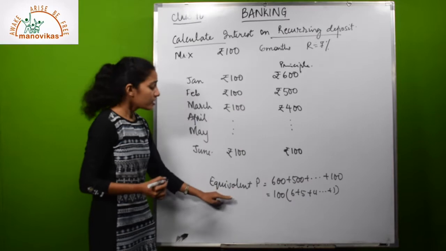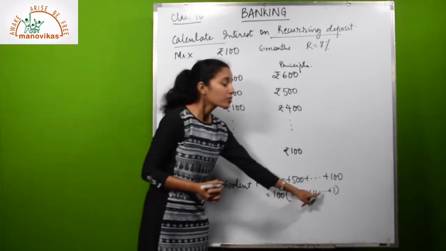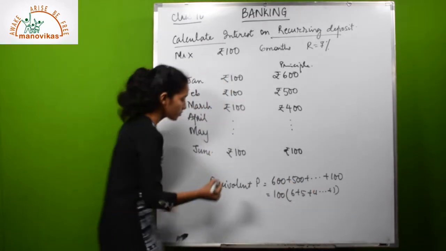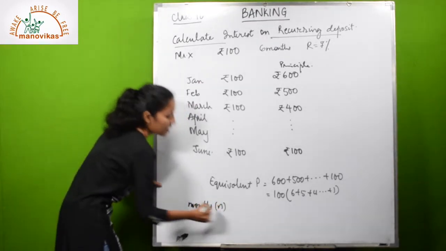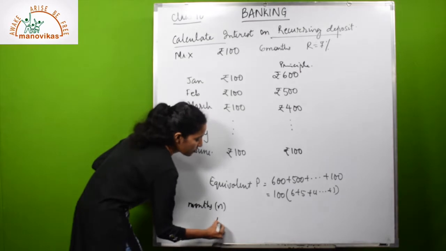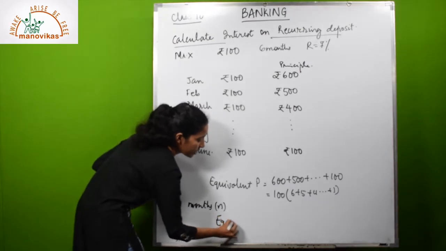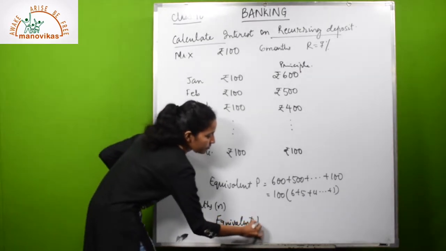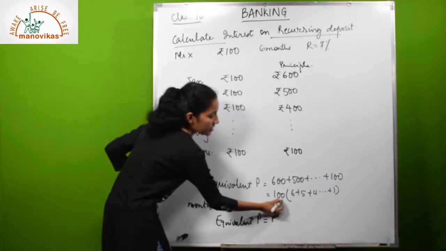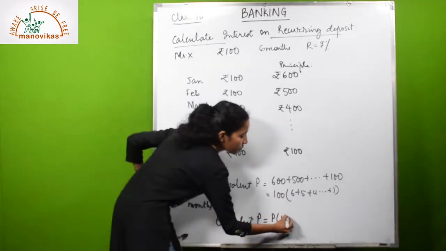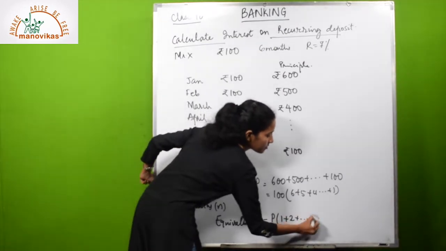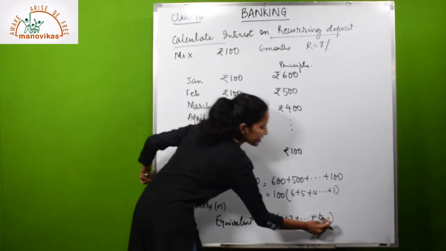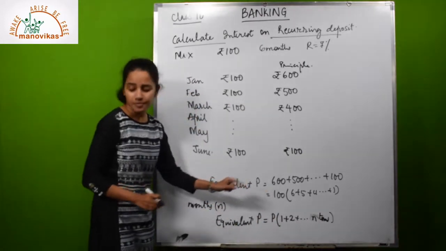Now if we assume that the number of months was n, then the equivalent principal for 1 month would be P into 1 plus 2 and so on till n terms, that is till n months.